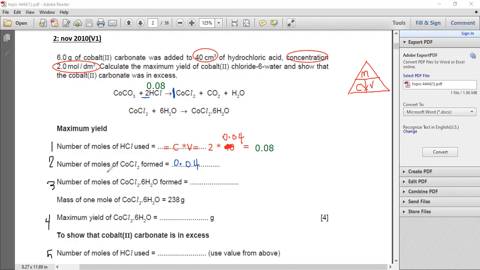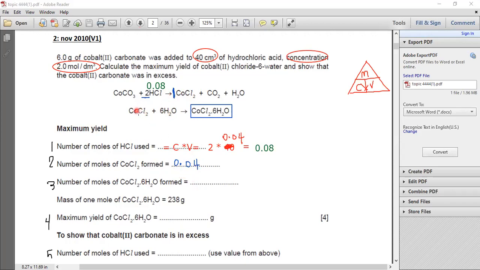Okay. Number 3. Number of moles of COCl2 6H2O. This is COCl2 6H2O. How can I find it? Look, 1 minute before you wrote COCl2 is 0.04.